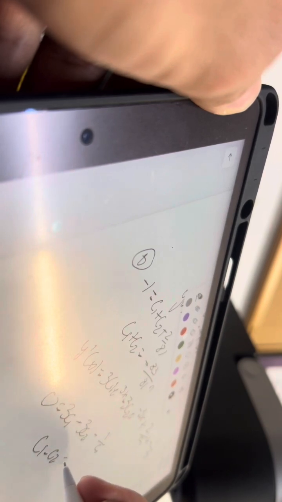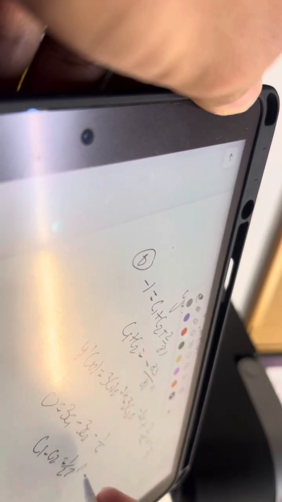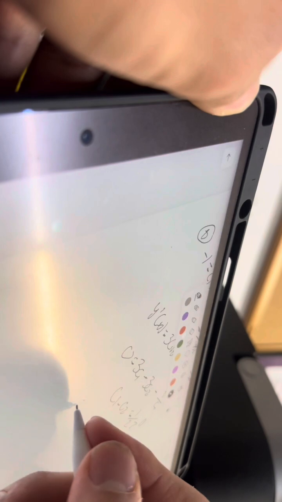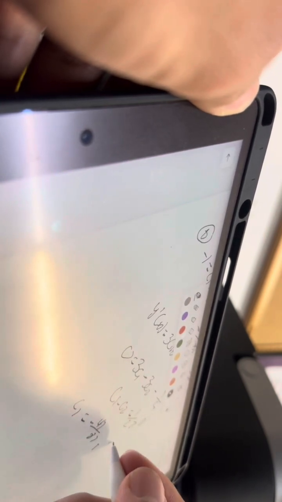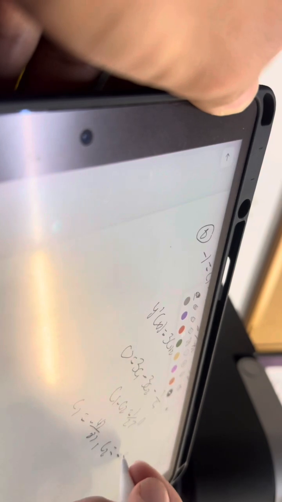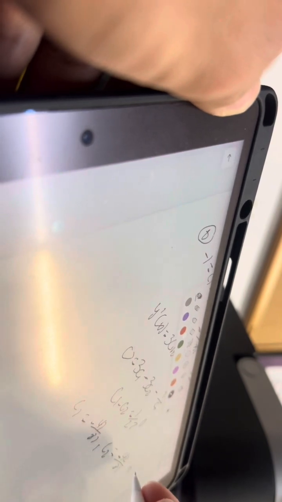c1 minus c2 equals 1 over 27. Then add and subtract. c1 is going to equal negative 41 over 81. c2 is going to equal negative 42 over 81.